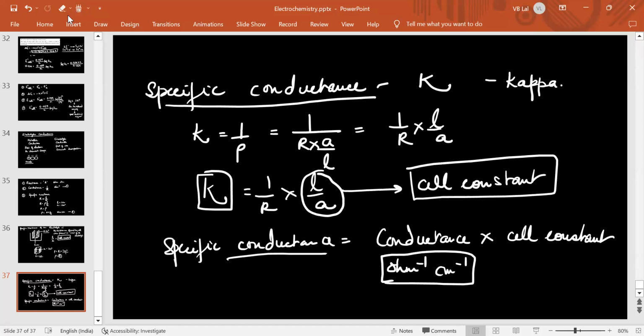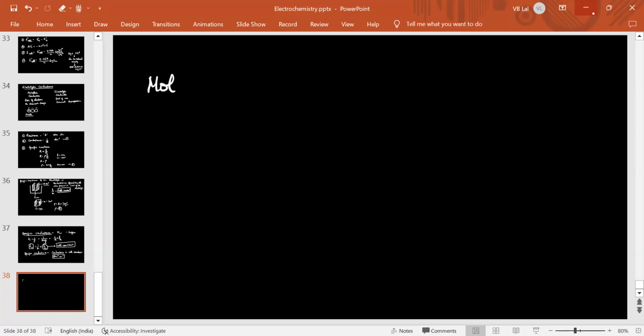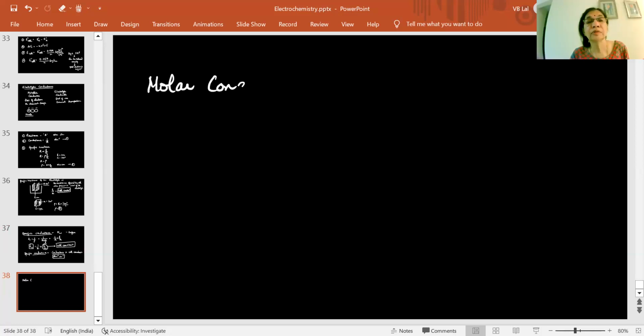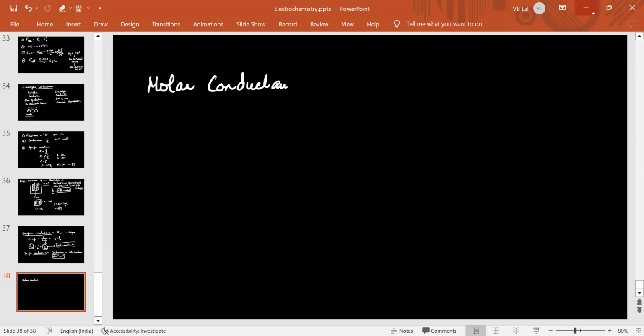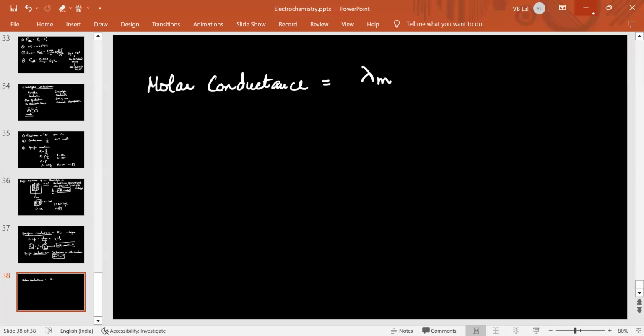Now the last thing, and then we will do 1 or 2 questions. The last thing is molar conductance. What is molar conductance? It is the conductance of a solution which has a molarity of 1 mole per liter. Molar conductance is represented by lambda m.